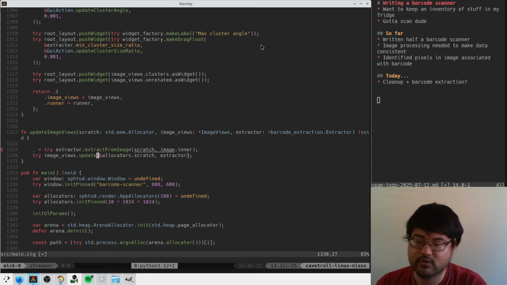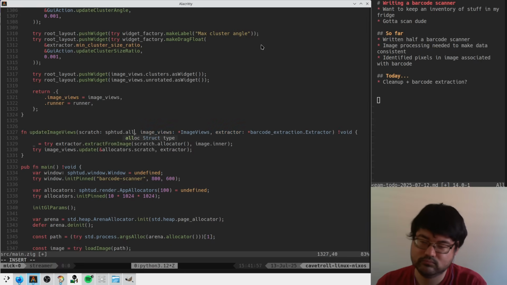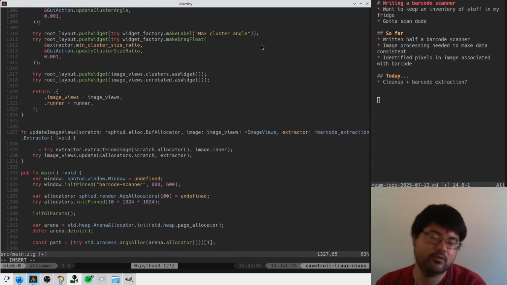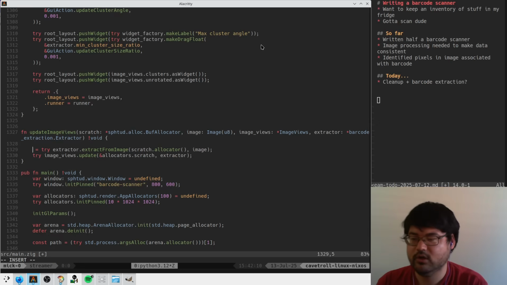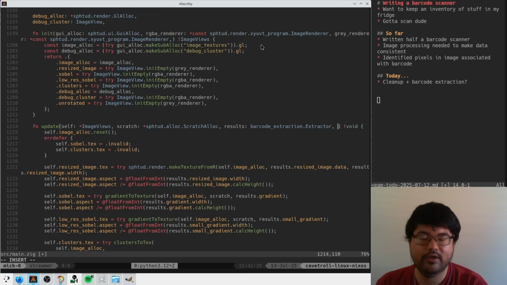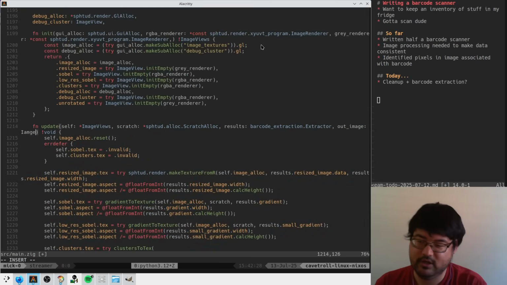We have, actually more like this. Okay, and we have image. So this is the source image that we're updating from. Bing, bang, boom. This gets like the results. And this guy gets like results items 0 or something. Fuck it. I don't really give a shit right now. This is the out image, is image U8 or something.